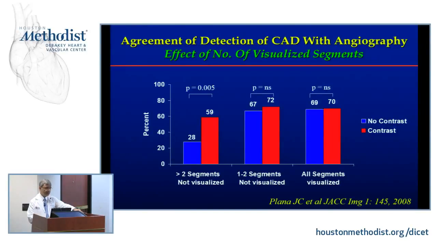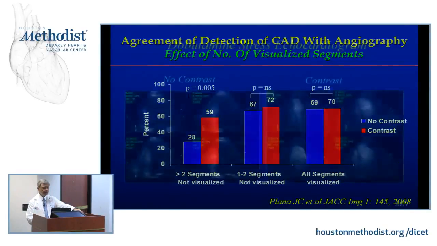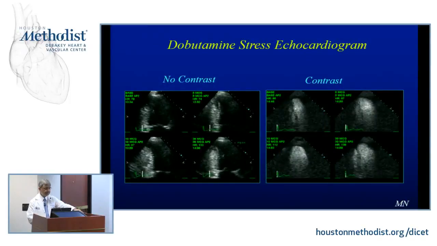My impact is much higher than if I see all the segments, I should not really use contrast. If I see maybe 1 or 2 segments, the impact is much less. So if you're not happy at rest as well as during stress, you have to decide. And here you go. How are you going to interpret this study? Baseline, 5 mics, 10 mics, and 30 mics.